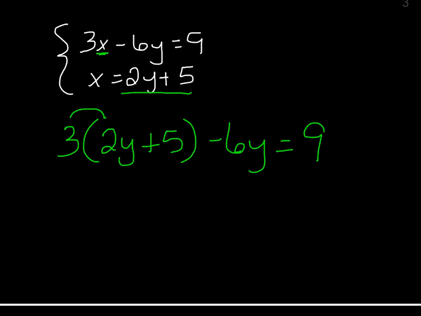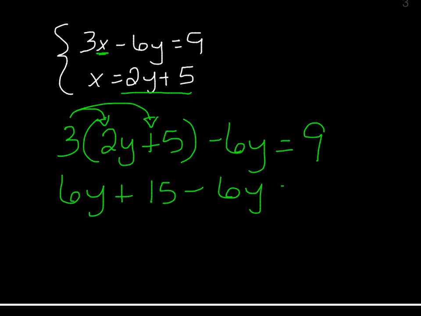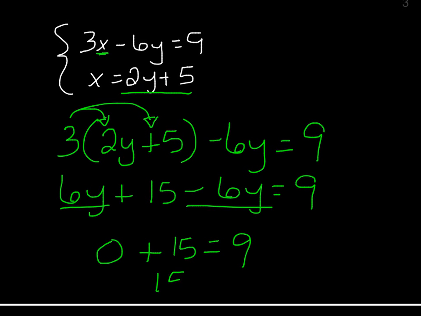If I distribute there, I would end up with 6y plus 15 minus 6y equals 9. 6y minus 6y is 0, so I end up with 0 plus 15 equals 9, which gives me 15 equals 9. Not true.